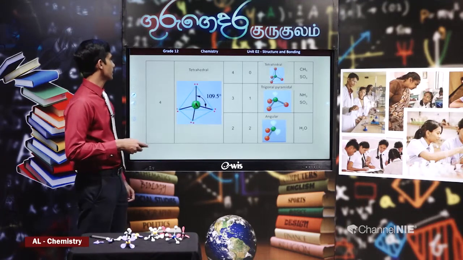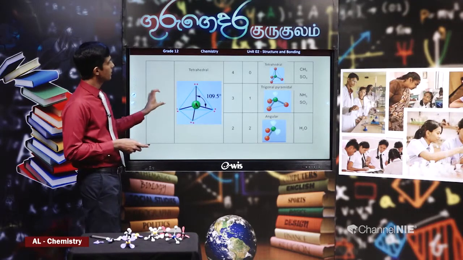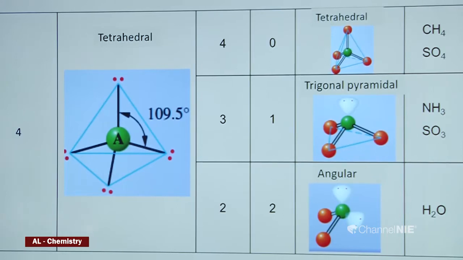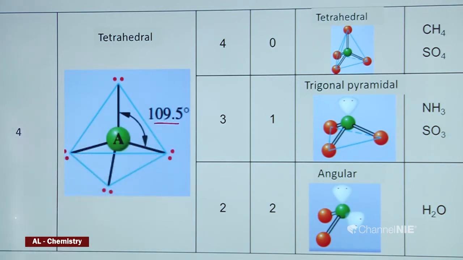Now, in this particular example, 4 VSEPR pairs, so the electron pair geometry is tetrahedral. If all 4 are identical around the central atom, each bond angle will be exactly 109.5.